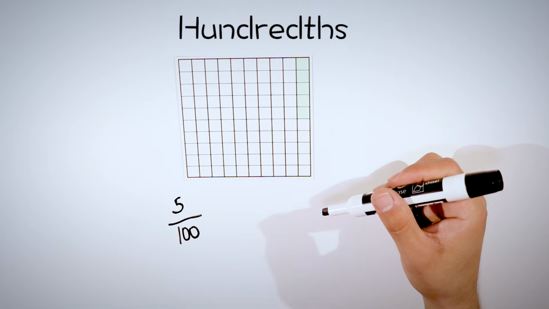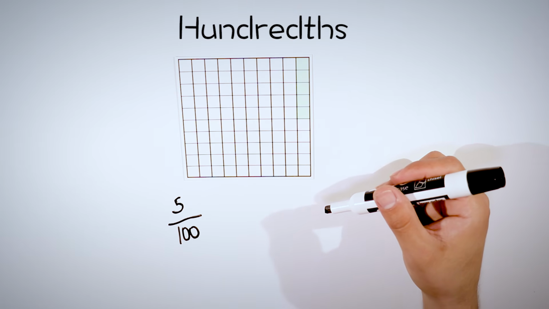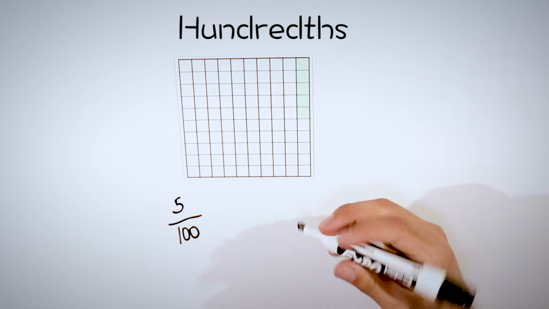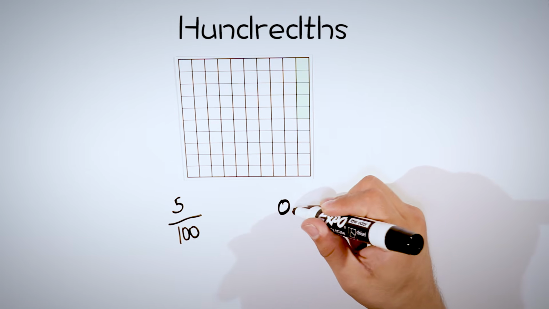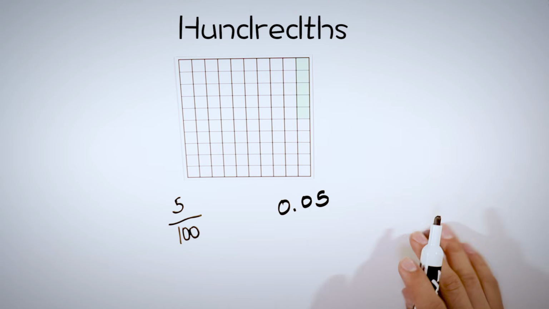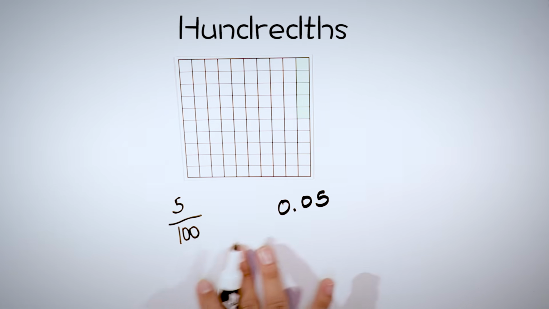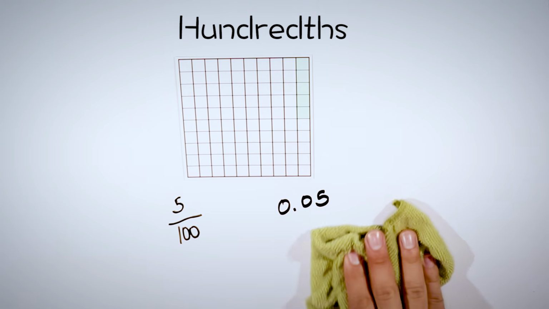This one is 5 hundredths. Didn't we already do this one? I think we already did this one. We'll do it again now. 0.05, 5 hundredths. Yeah, we definitely did this one earlier, but it's okay, we can do them again. So because we did this one already, let's go ahead and get another one.